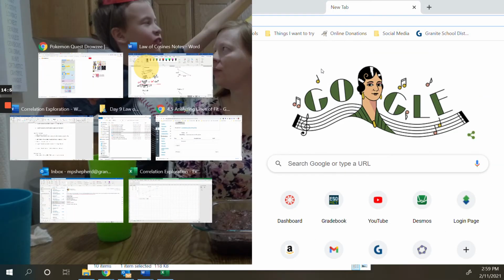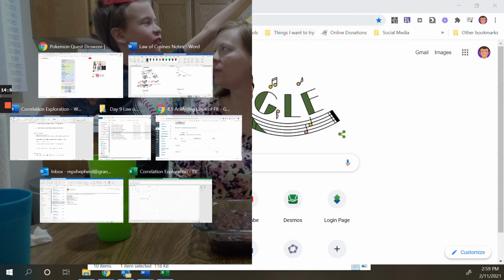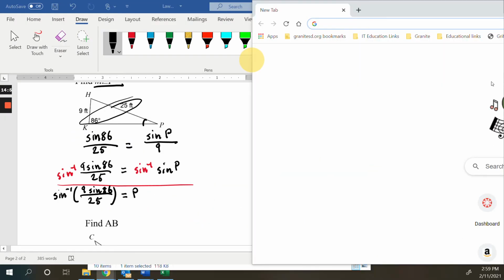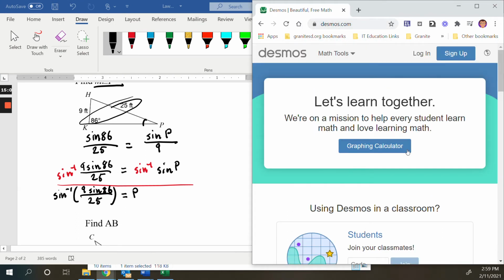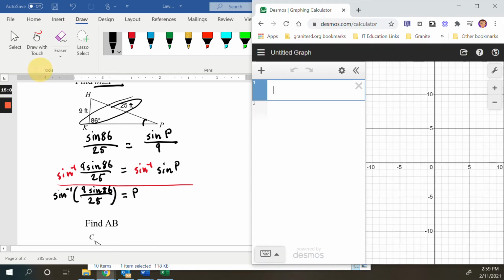So I would go ahead and open up Desmos. And we can just quickly type that in and find our answer. So I'm going to do sine inverse.